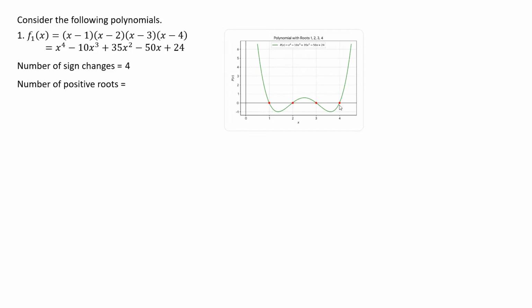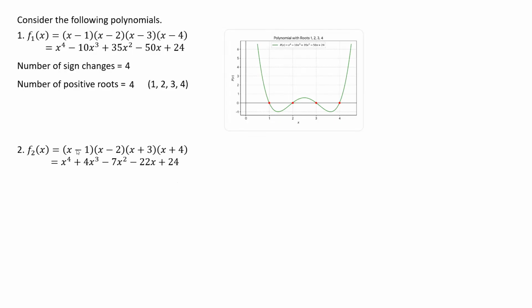Notice how this polynomial is intersecting the x-axis at x equals 1, 2, 3, and 4, right? Yeah, we know that. So there are four sign changes and there are four positive real roots. Cool. All right, which are 1, 2, 3, 4.